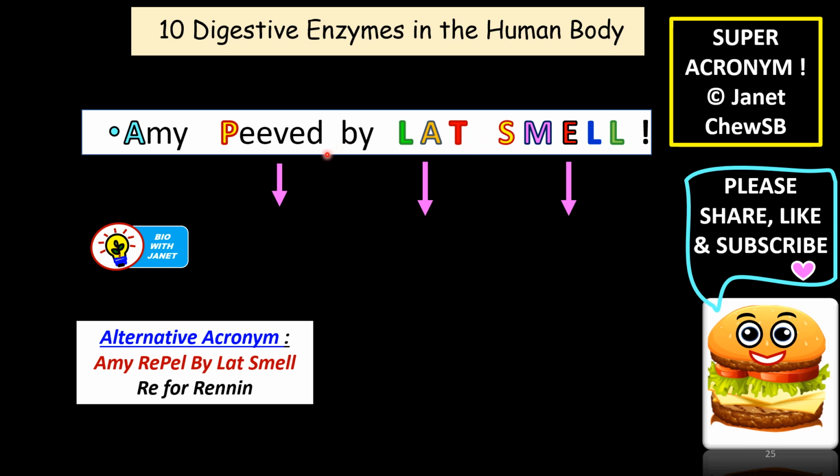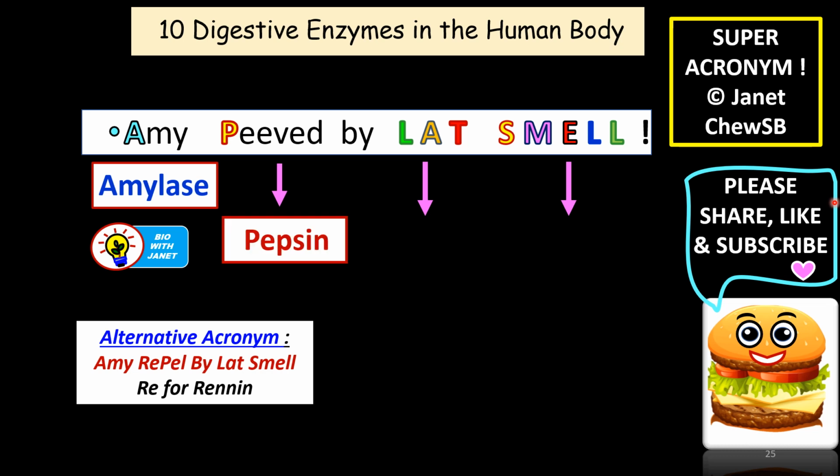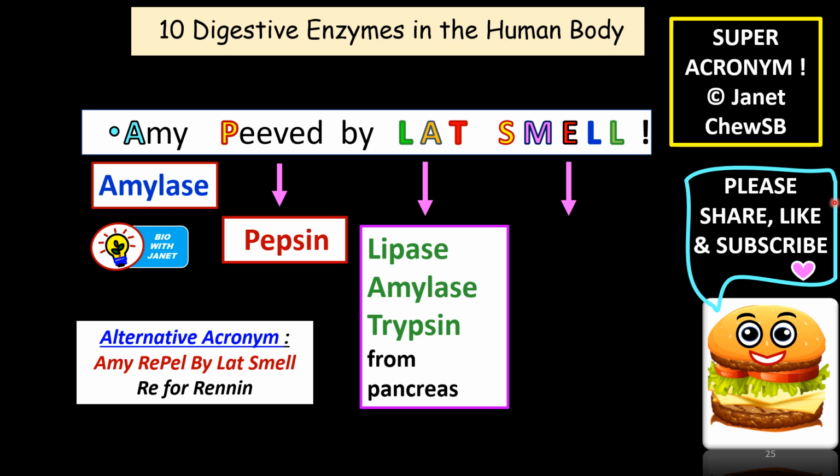So what are the 10 enzymes in the right order? We start with AMY. AMY stands for what? Yes, amylase. Peeved, the PE stands for the enzyme in the stomach called, yes, pepsin. LAT stands for the 3 enzymes from the pancreas, which are, yes, lipase, amylase, and trypsin.